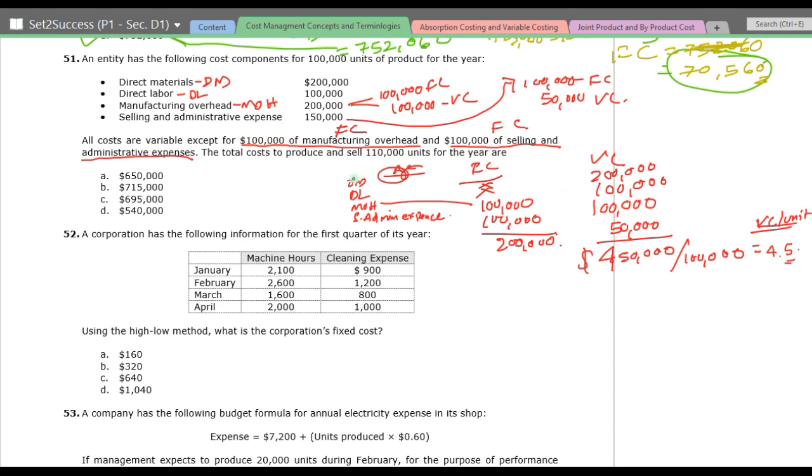Now they are asking about the total cost to produce and sell 110,000 units. So total cost is equal to fixed cost plus variable cost. Fixed cost we have 200,000, variable cost we have 4.5, and they are asking for 110,000 units.